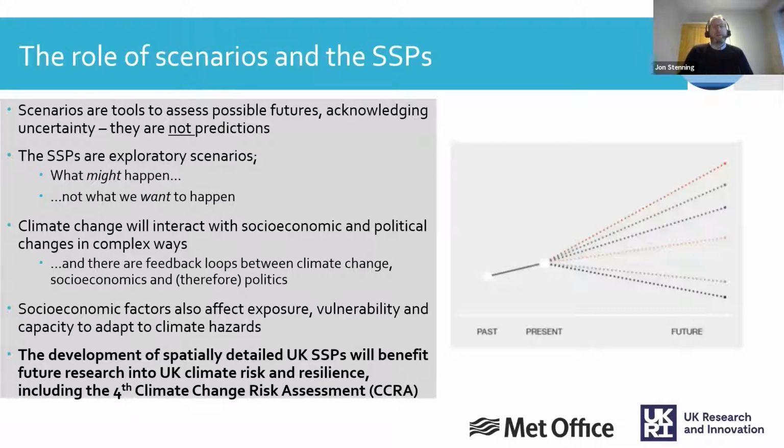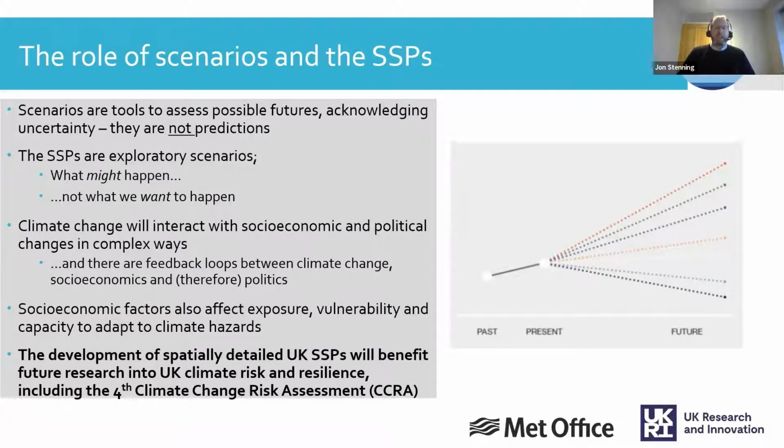Now, just take a step back and talk about the roles of scenarios, and specifically where the SSPs fit into that. I think there's often a lot of confusion about, in particular, the difference between scenarios and forecasts. Scenarios, as they're used in this IPCC type framework, are supposed to be ways of looking at possible futures, and acknowledging that there are huge uncertainties in any kind of prediction of the future.